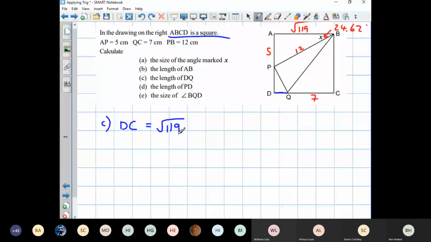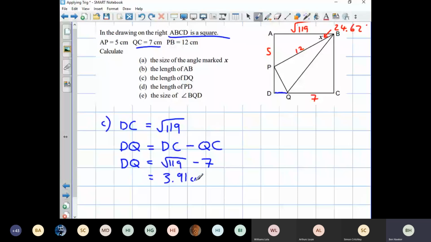Therefore, DQ, which is what we're trying to find, is going to be DC subtract QC, which we've been told is 7 centimetres. So DQ is equal to root 119 subtract 7, which we'd have to leave in that form for exact form. But if we were going to give it to 2 decimal places, it would be 3.91 centimetres.